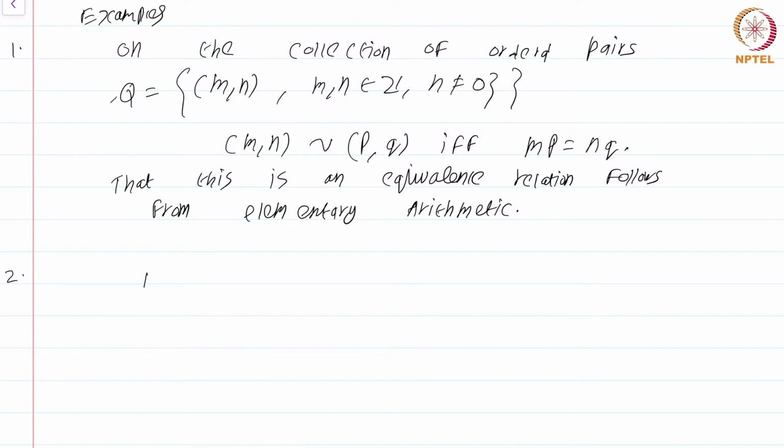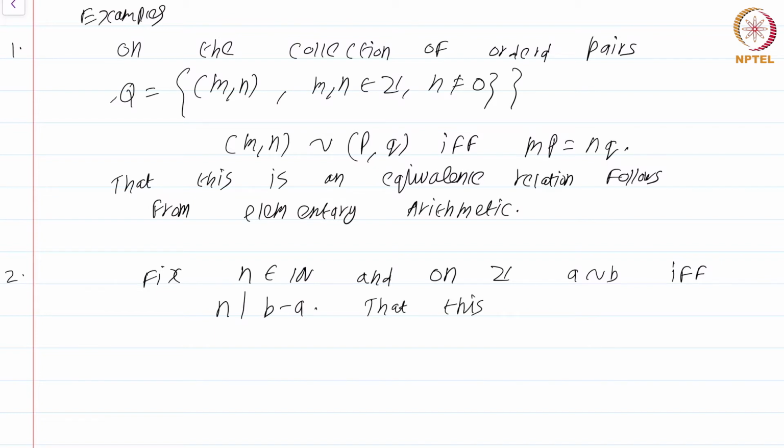Now, another example. Fix n in the natural numbers and on the integers put an equivalence relation: a is related to b if and only if n divides b minus a. Again, that this is an equivalence relation follows from basic arithmetic.